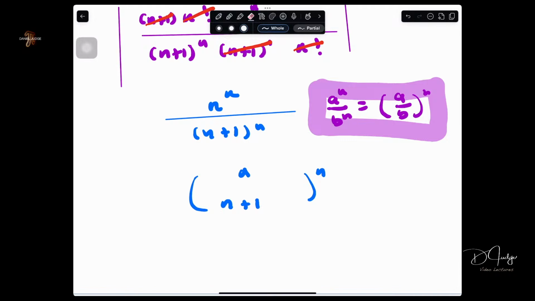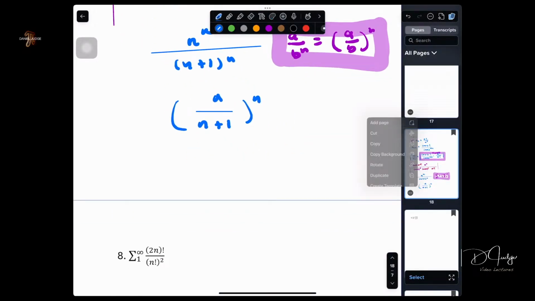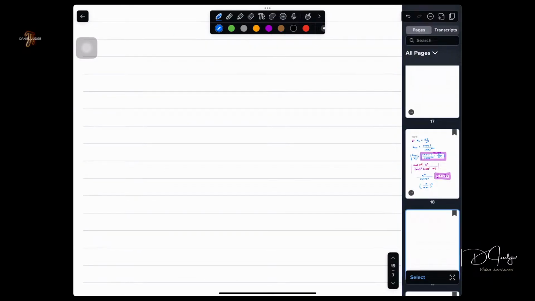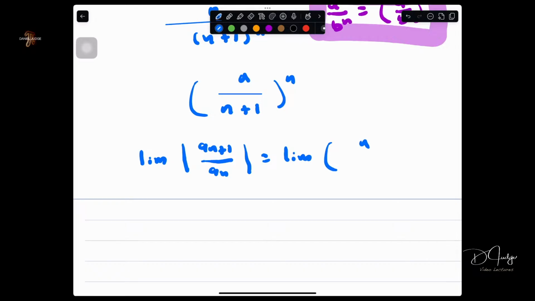That's not much nicer. All right. It's a little better. So the limit of the absolute value of the ratio turns out to be the limit of n over n plus 1 to the nth power. Now, this is as n goes to infinity.